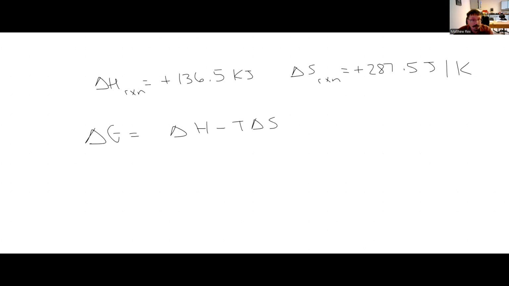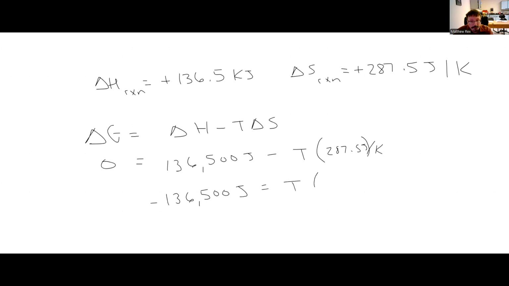So I'm going to convert this to joules. Keep this in joules per Kelvin. I'm going to set delta G equal to 0. Carry over our delta H, so subtract 136,500 joules from each side.